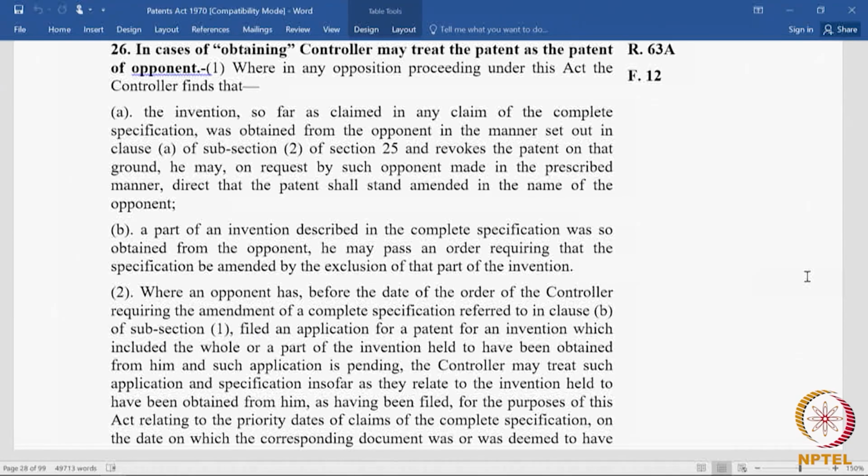So, again this is a case where the patentee's conduct was bad, he actually took something which did not belong to him, the opponent filed a revocation, but then the opponent said do not revoke the patent, I am the original owner, let it come back to me, then the controller will amend it. So, this applies only to 25(2)(a).